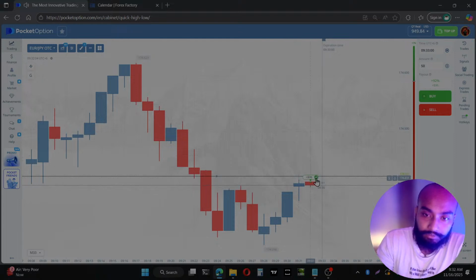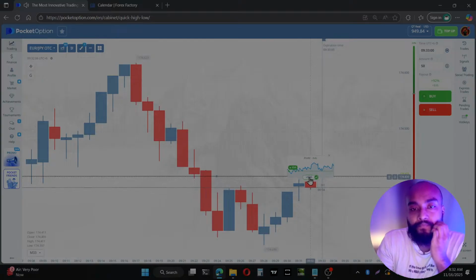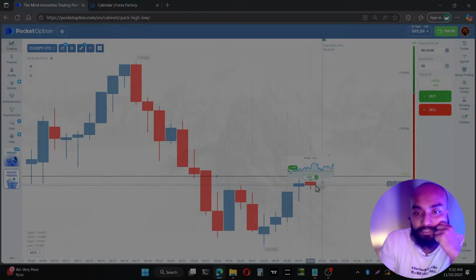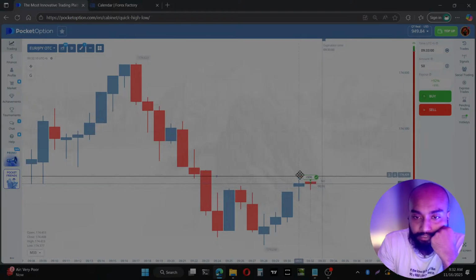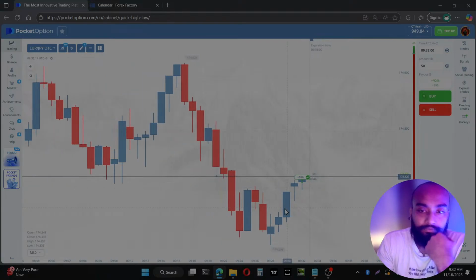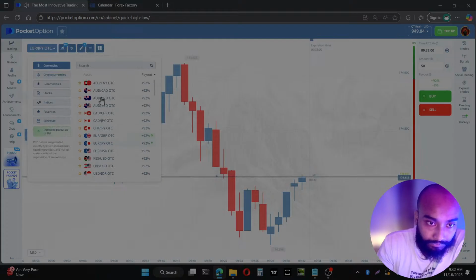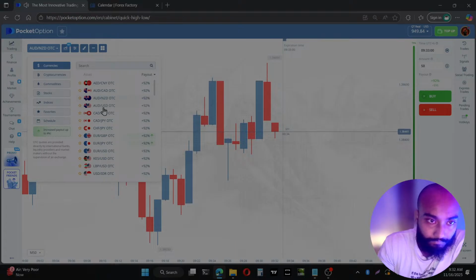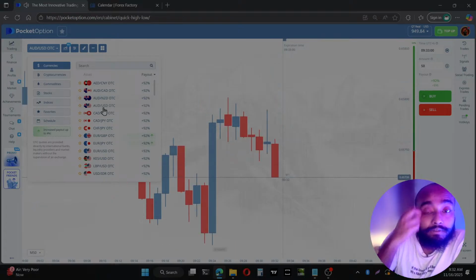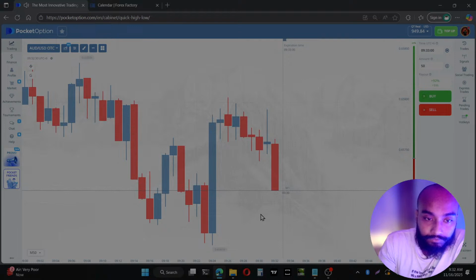Okay, that's very good. So the next reversal point for this is here, right? So price has just reached it. Euro JPY OTC. So this I call an imbalance, right?